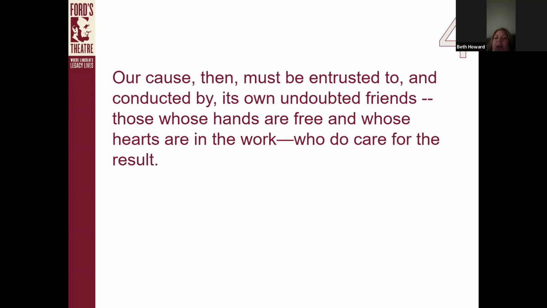But here he comes back, and this is very soothing. Our cause must be entrusted to our hearts, our friends. So it's kind of the ebb and flow of the speech. We have the rhetorical question, and then he's selling it here at the end, like, this is us. It just changed, I feel like, the tone, I guess.